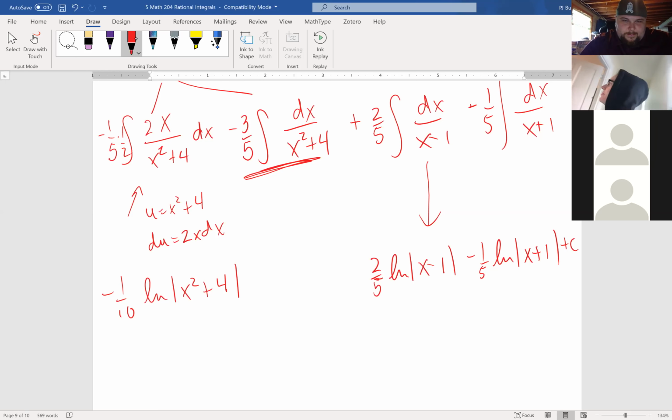And what's that one? Its antiderivative is arctangent of x. So what do we think this one's going to be? Would it be arctangent x plus 4?